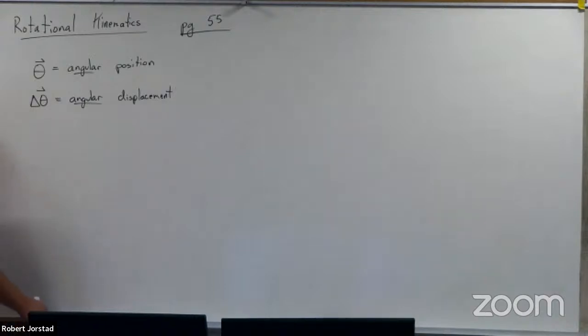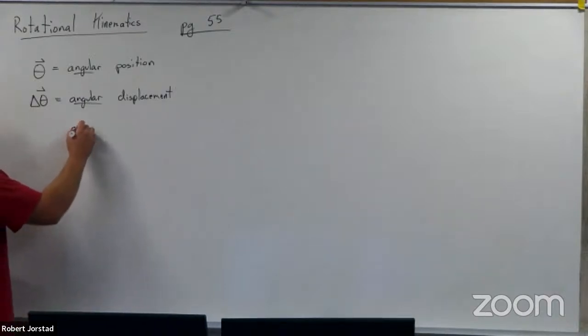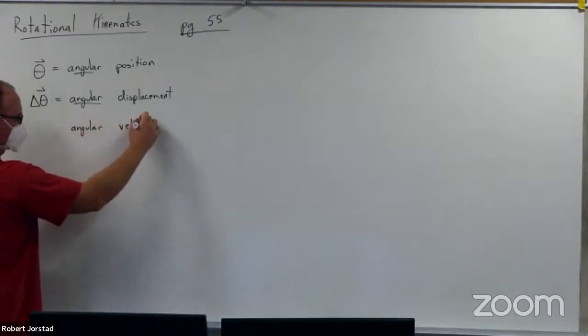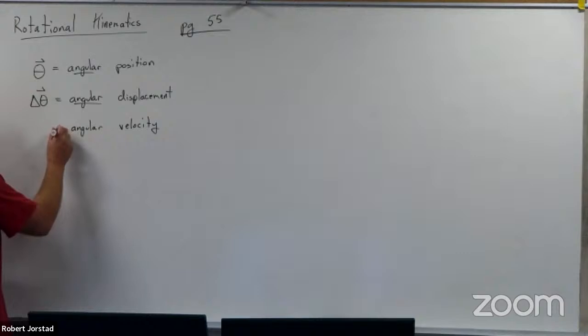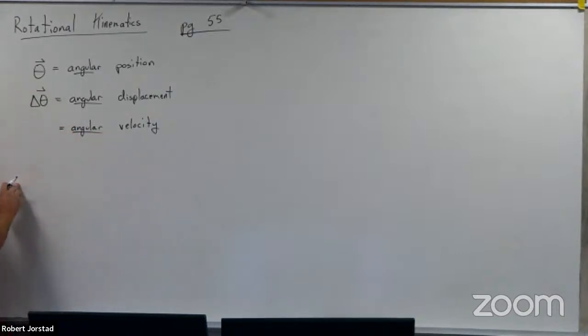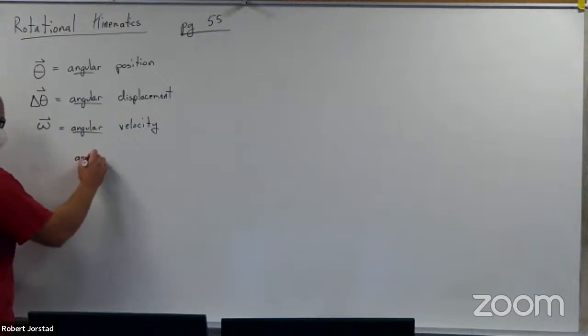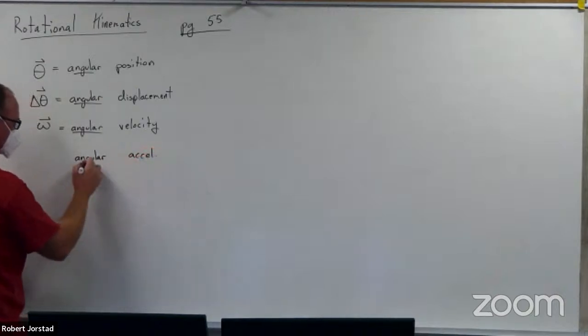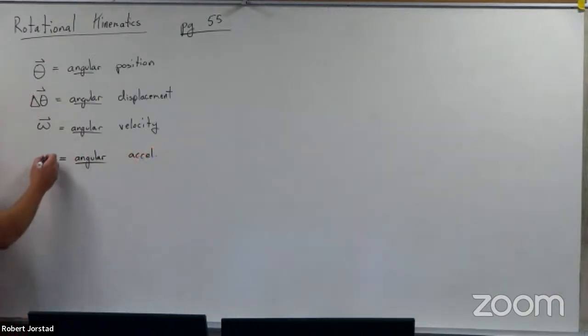Well, maybe we'll have angular velocity. Does anybody recall what letter that was? It looked kind of like a W. Omega. So it's not a W, it's an omega. And then we might also have angular acceleration. That's going to be alpha.